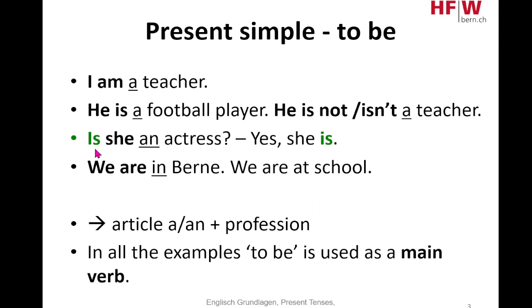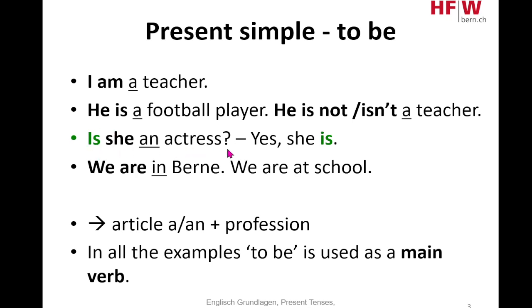One more sentence. Is she an actress? If you talk about a question, you also need to use the verb to be before the subject. If you want to use it in a question, you just put the verb to be before the subject, and the subject comes after the verb to be.